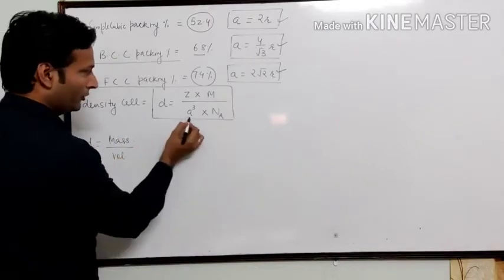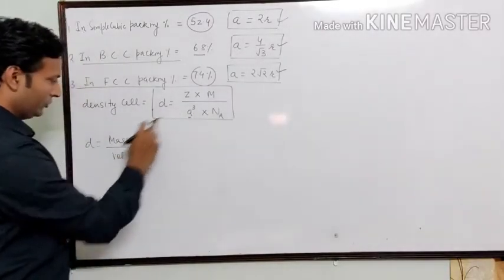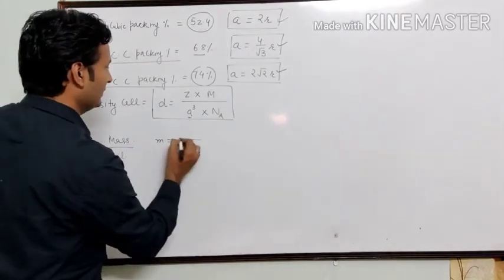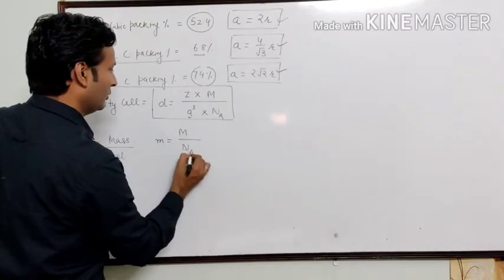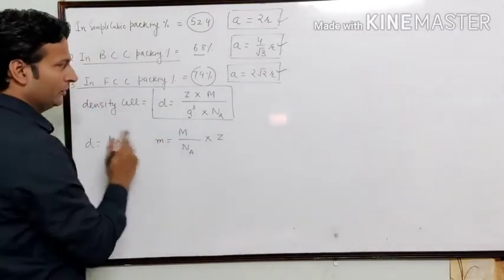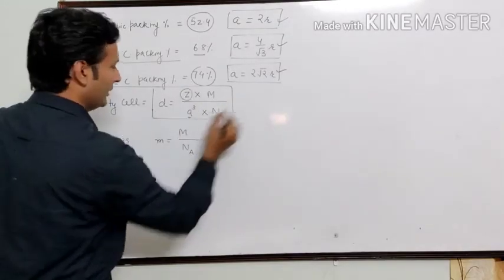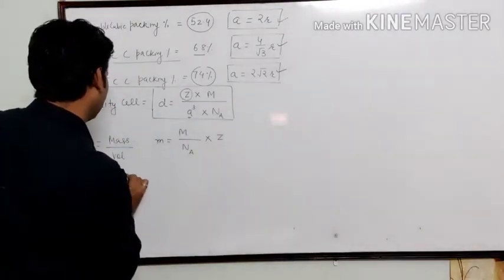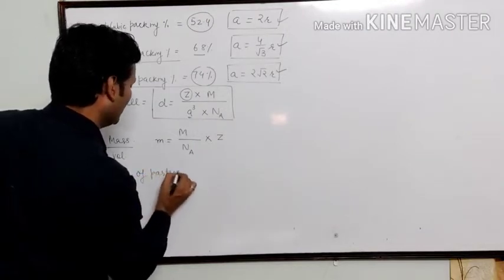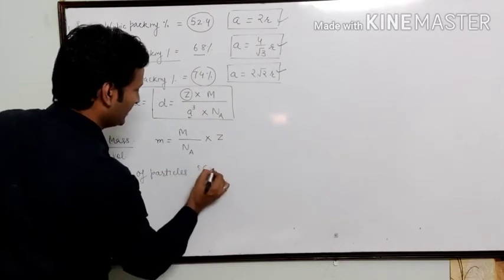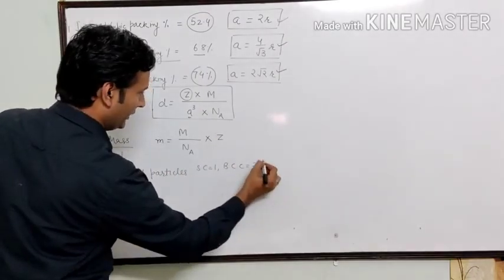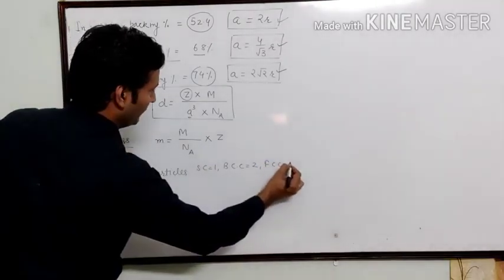The volume of cube is a cube, so it is written here, and the mass of a particular unit cell is molar mass upon Avogadro number multiplied by the total number of particles. Here Z is equal to the number of particles or atoms present in a unit cell. As you know, in simple cubic it is equal to 1, in BCC it is equal to 2, and in FCC it is equal to 4.